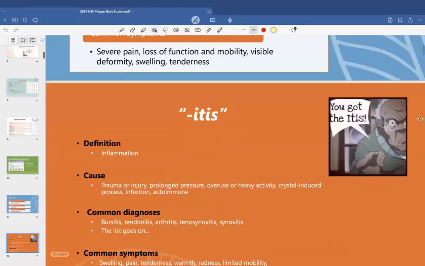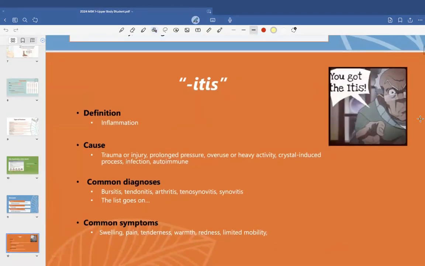We talked a lot about the itis. Generally speaking, itis means inflammation. Remember that caveat we talked about? Osteoarthritis is a non-inflammatory arthritis. Great. Something that doesn't follow the rules, but generally we're talking about the sprain or strain that causes inflammation, or the itis; gout, that's crystal induced, right?